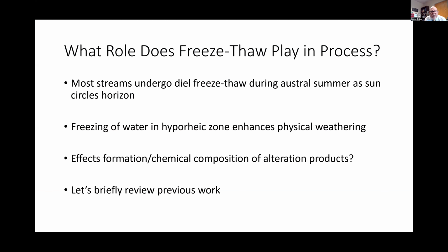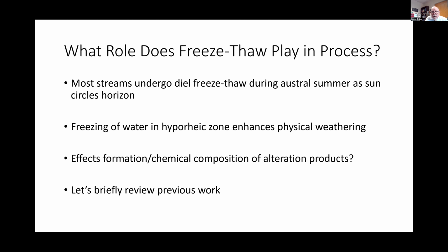So what we wanted to think about is, what effect does freeze-thaw play in the weathering process? We know that as the sun goes around the horizon during the austral summer, these streams vary in discharge tremendously. And again, as I mentioned, a part of this water that gets into the hyporheic zone during high flows stays in the hyporheic zone and freezes as the temperature decreases.